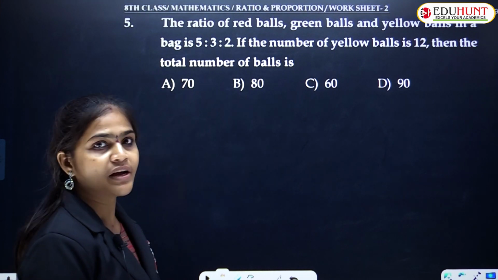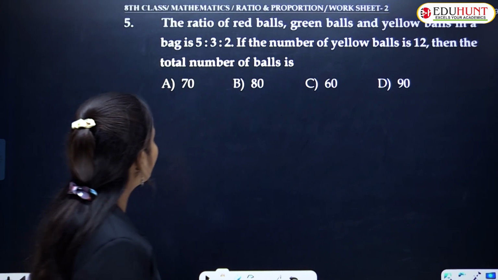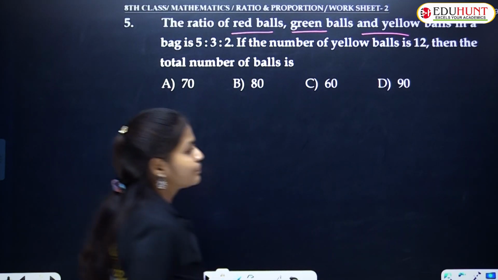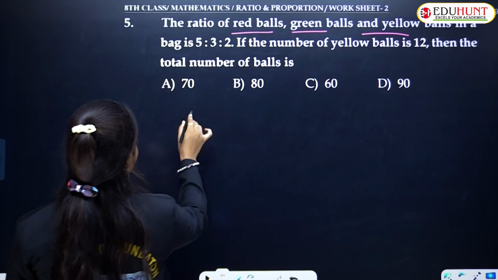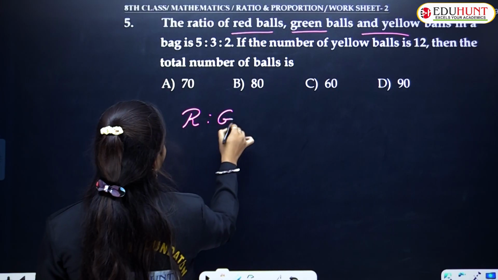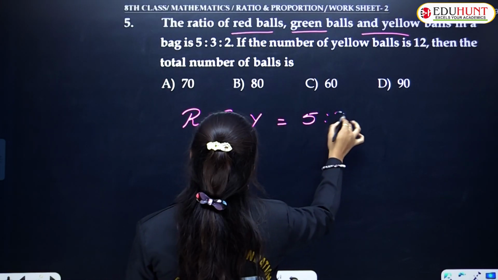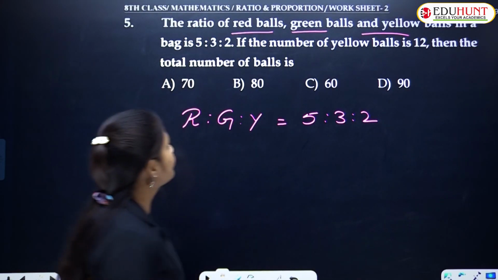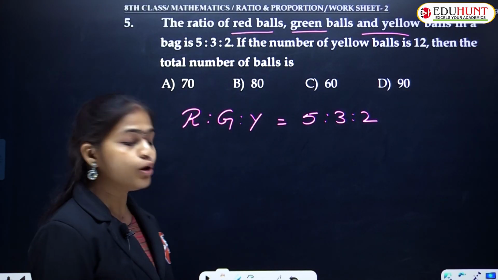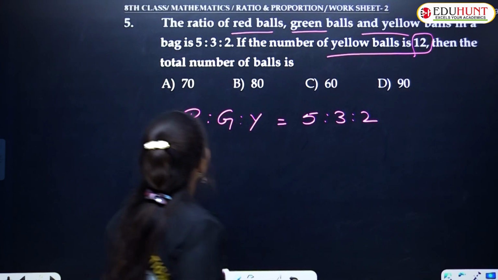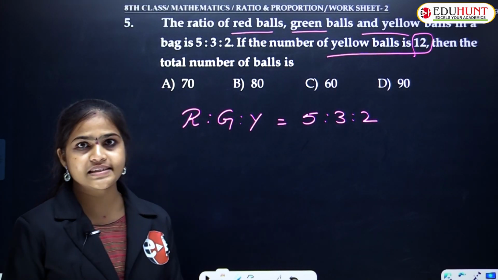Next, question number 5. So in that question number 5, what they given? The ratio of red balls, green balls and yellow balls is 3 is to 2 is to 2. If the number of yellow balls is 12, then the total number of balls.